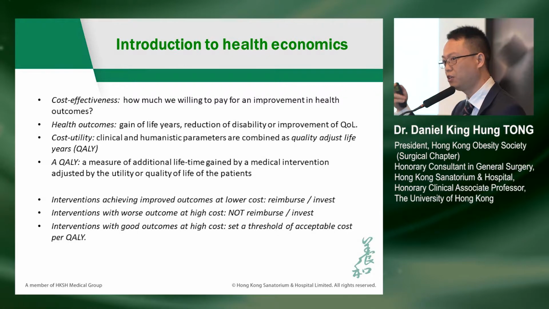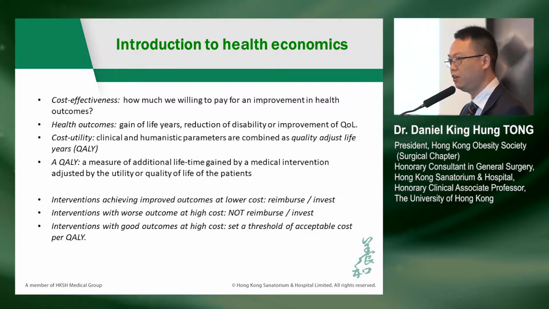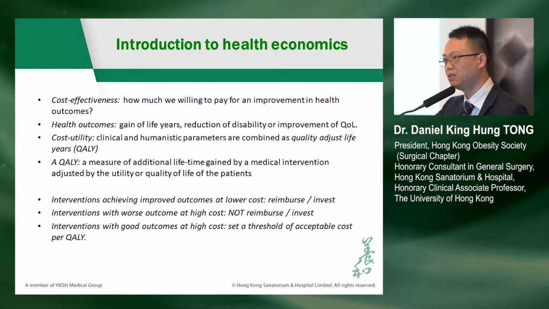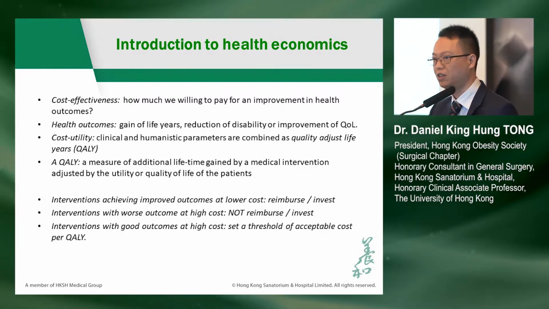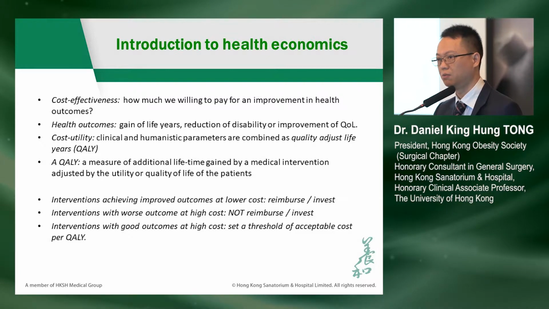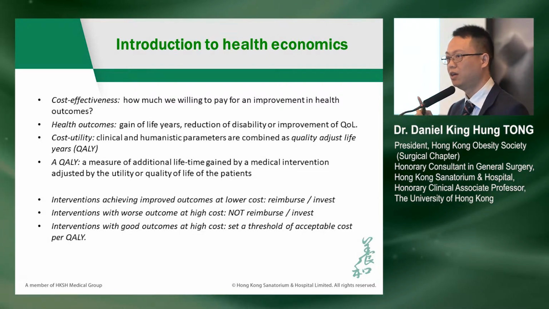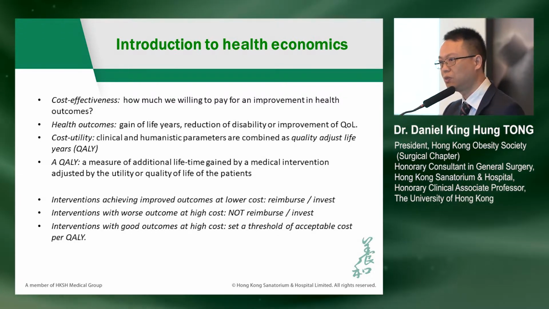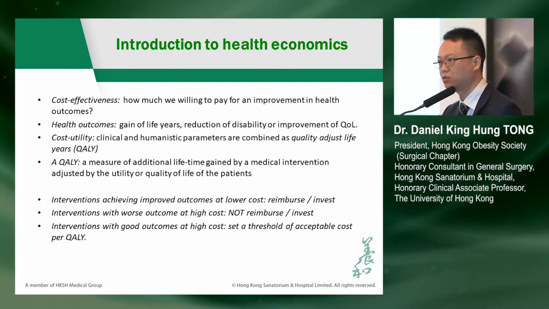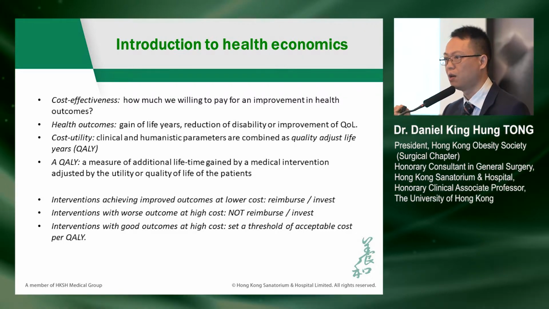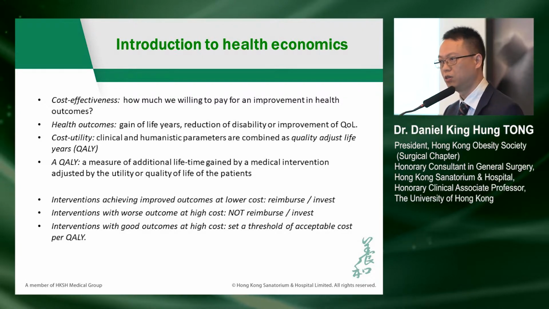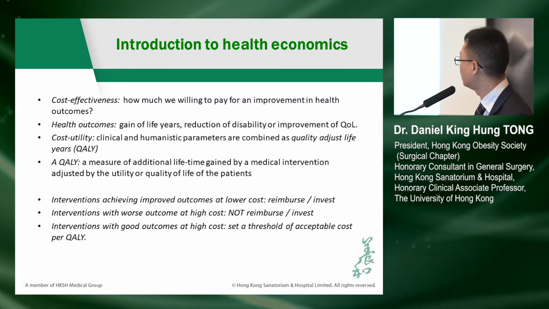From a purely economic point of view, if the surgical procedure is expensive to a certain extent, but can at the same time bring a significant improvement in health outcome, then you may think, not every person is subject to this kind of treatment, but we need to set up a threshold or select certain high-risk patients, or appropriate patient selection, to offer these expensive treatment options and to bring out the benefits.